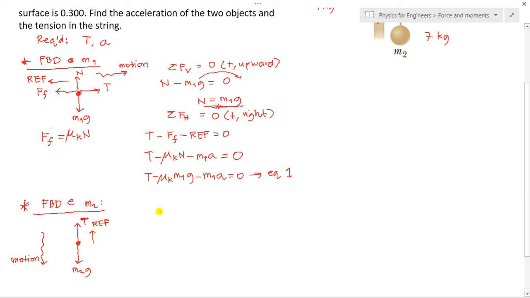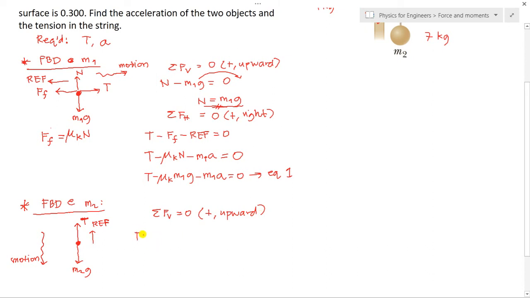Okay. So the summation of forces along the vertical is equal to 0. I only use the vertical because there are no forces in the horizontal. So we take positive as upward. Which forces point upward?